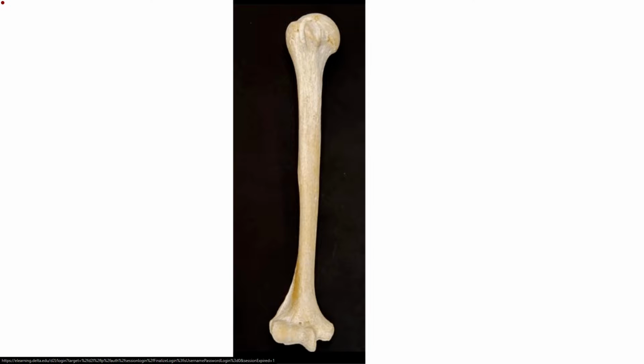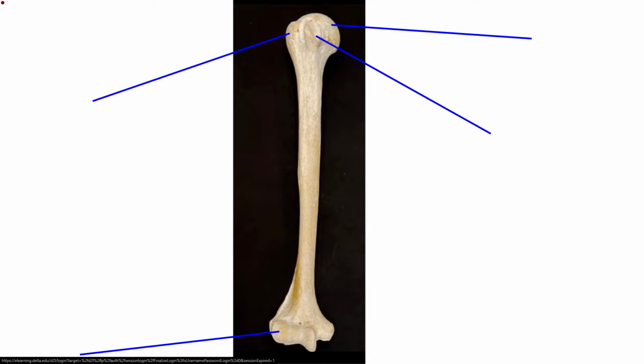So the bone is the humerus. I'm going to put some lines on here for things we're going to identify. I don't think I have you identify that other protrusion, so I won't do it here.